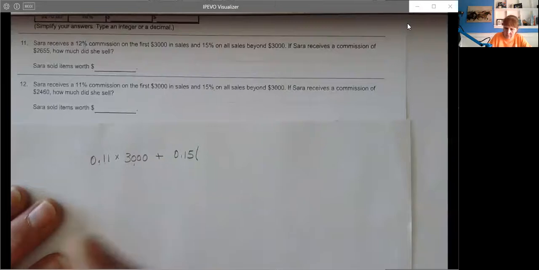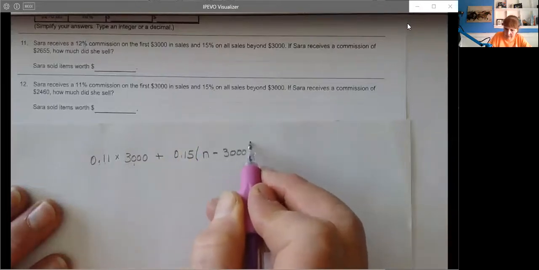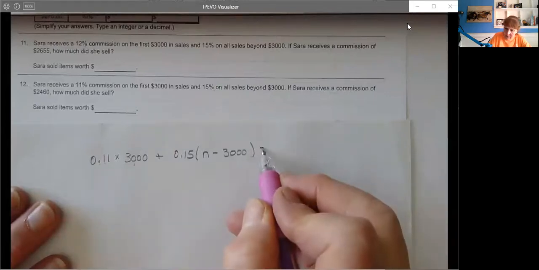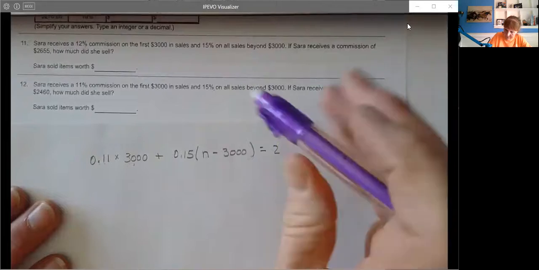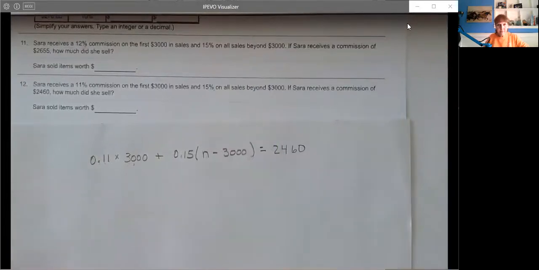Well, we don't know how much over 3,000 because we don't know how much she made. N represents how much she made. And we do know that the commission is 2,460. Okay, so now we're going to do the PEMDAS.